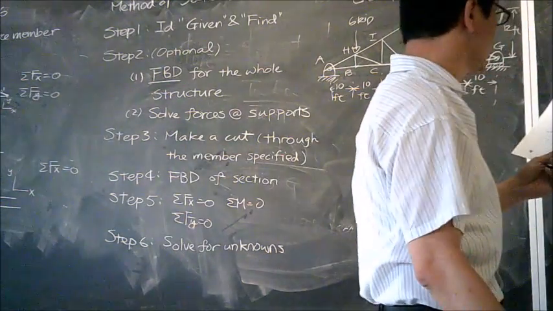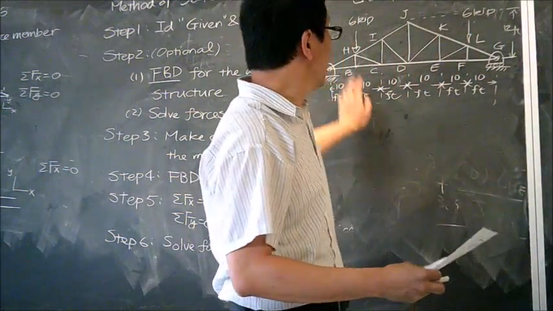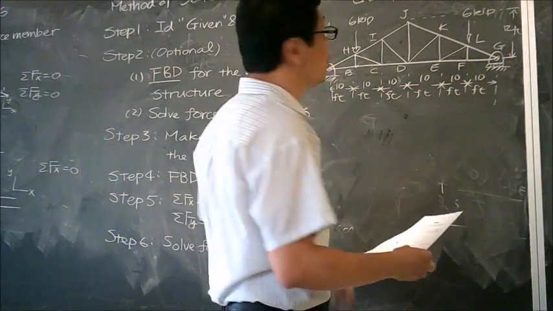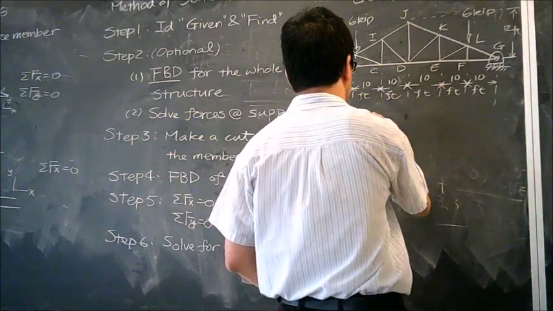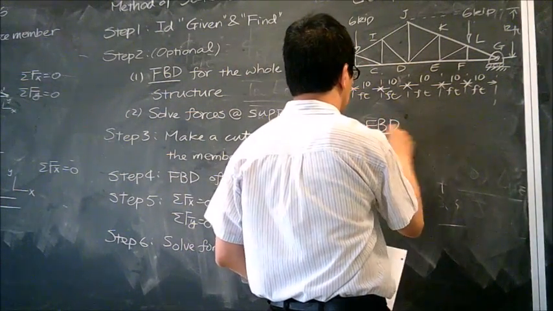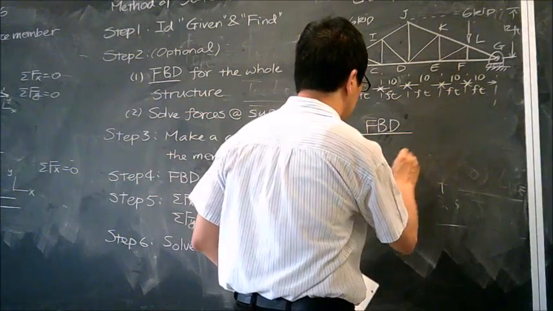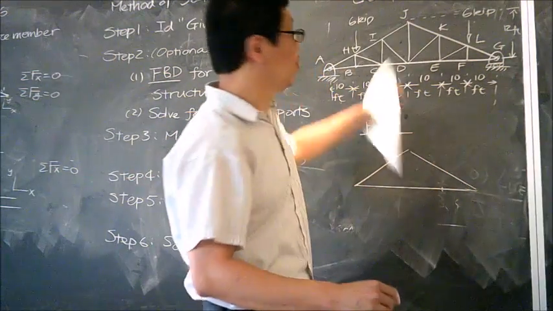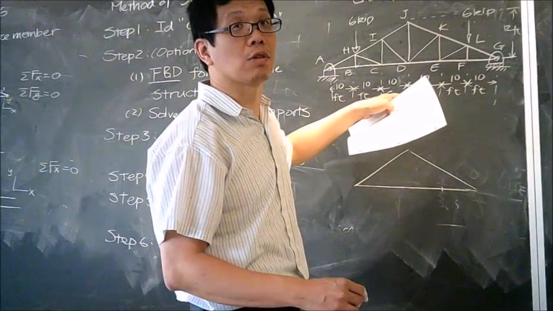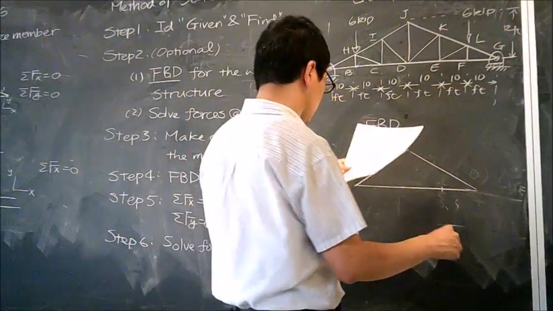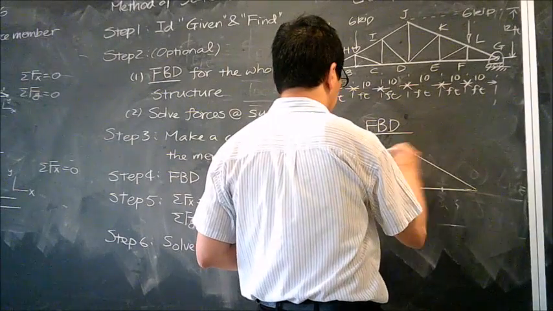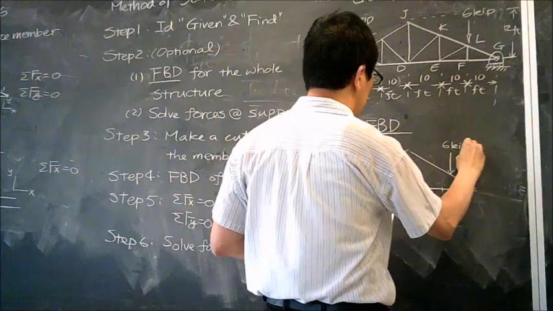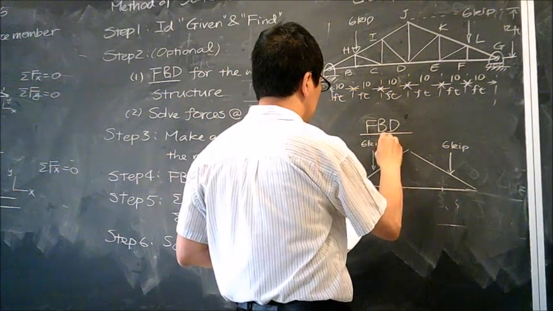When we start to do that, obviously we don't know the forces at the supporting points over here. So we need to do the free body diagram for the whole system first. When we do that, all the members within the structure, we just totally ignore them. So I have two forces, 6 kip over here, and 6 kip over here.